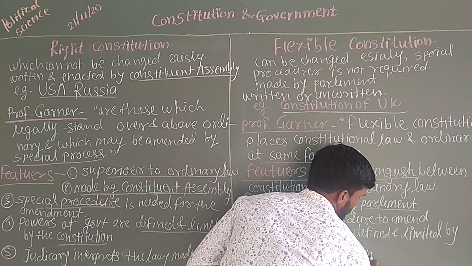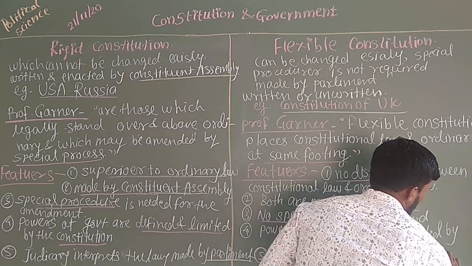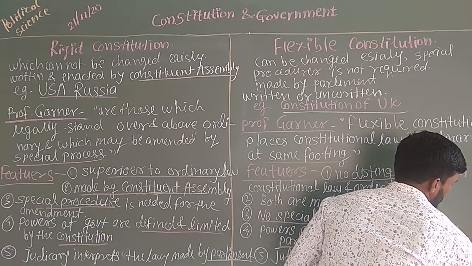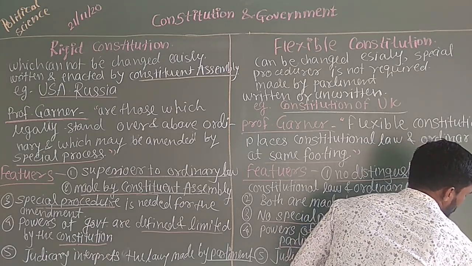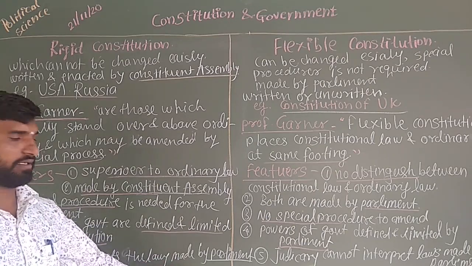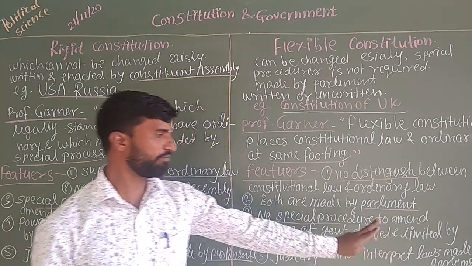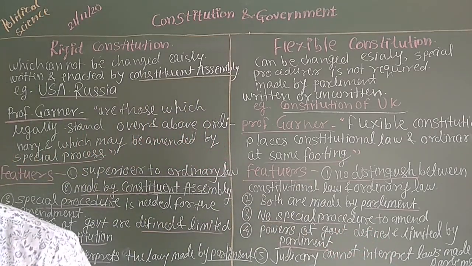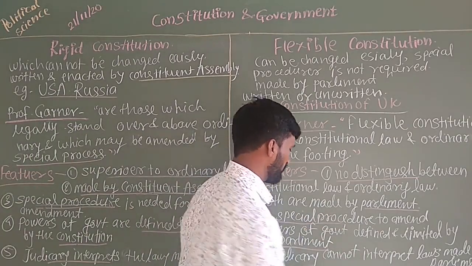In a rigid constitution we see the judiciary interprets the laws made by parliament, but in a flexible constitution it cannot interpret.